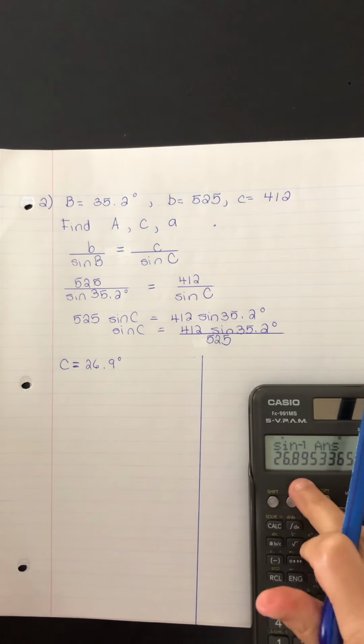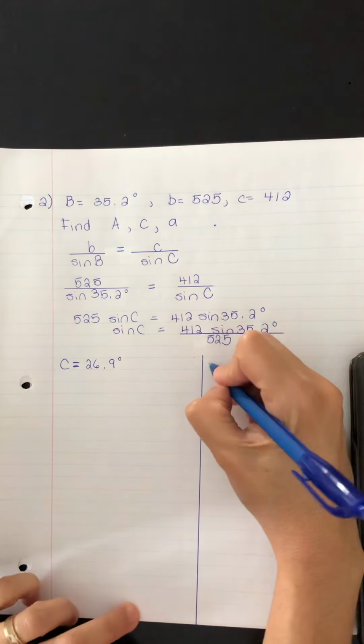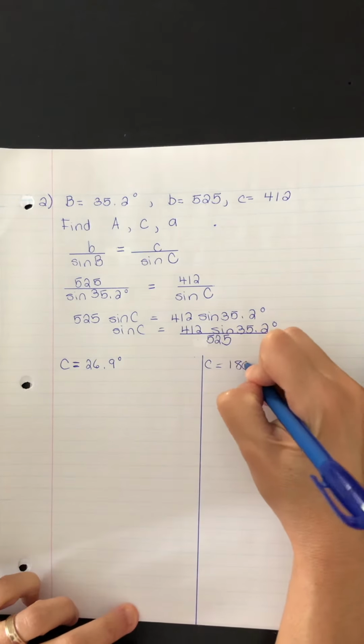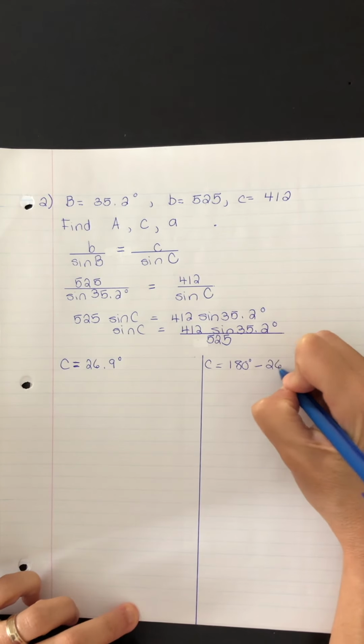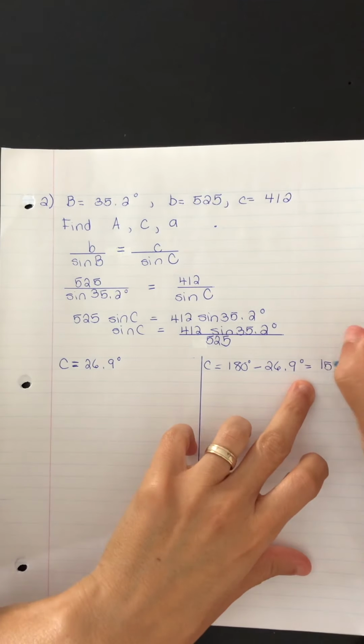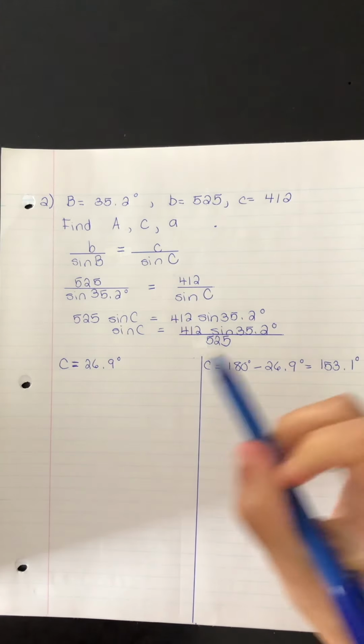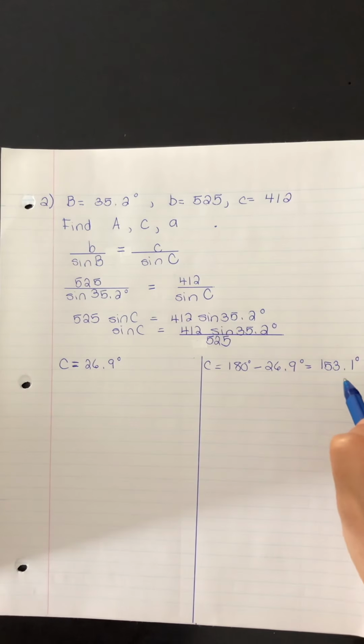So what is 180 minus 26.9? It is 153.1 degrees. So these are the two possible values for angle C.